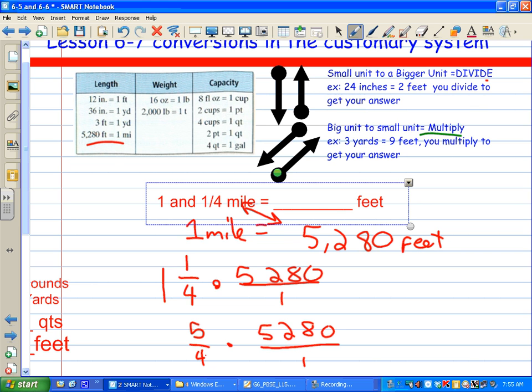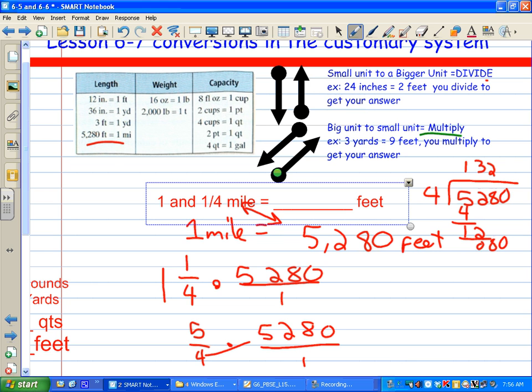Now, I'm going to see if I can make my life just a little easier on myself. I'm pretty sure I can cross simplify that, but let's see. 5,280, see if I can divide that by 4 real quick. Does it go into 5? Yes, it does. 1 time. I get 1 left over. Does it go into 12? 3 times. So far, things are looking good. I get 0 left over. Bring down that 8. Does 4 go into 8? Absolutely. 2 times.